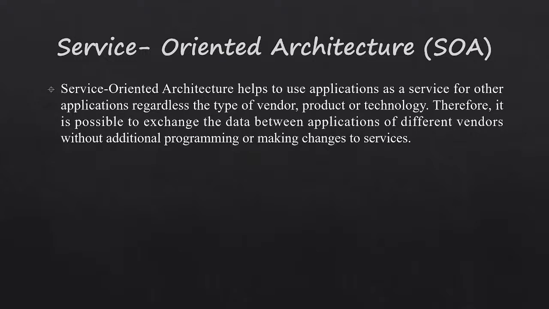So it is simply what? An application as a service. Therefore, it is possible to exchange the data between applications of different vendors without additional programming. There is no requirement to change anything. Only the software is required. You need a calculator, I need a calculator, so many people need a calculator. One calculator is created and that is an application which is getting used as a service.